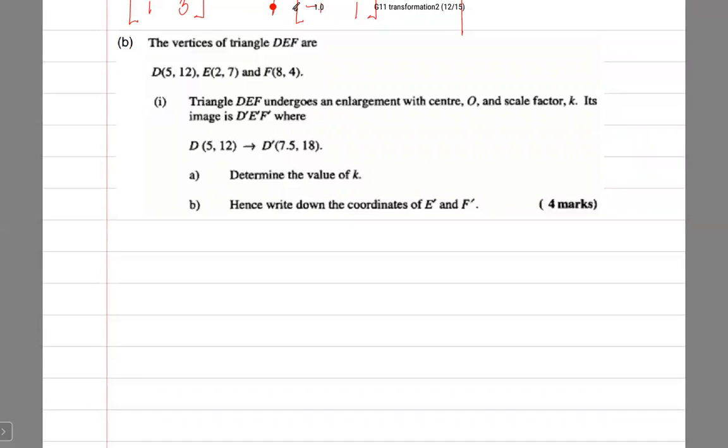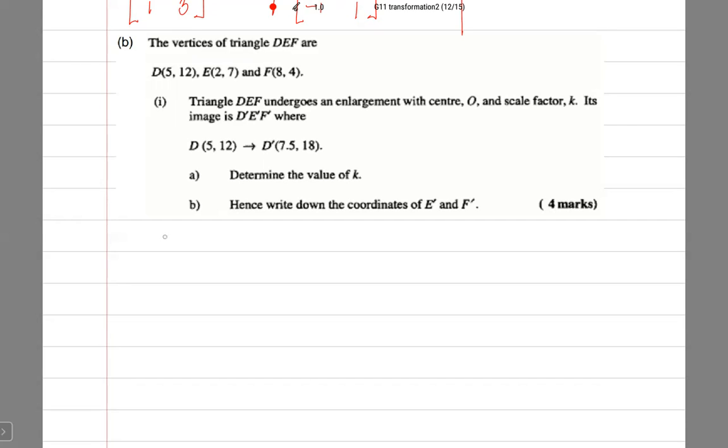It says triangle DEF undergoes an enlargement with center O and scale factor K. Its image is D prime, E prime, F prime, where D, which is (5, 12), becomes D prime, which is (7.5, 18). A, we're asked to determine the value of K.